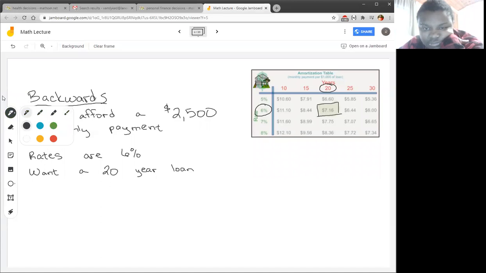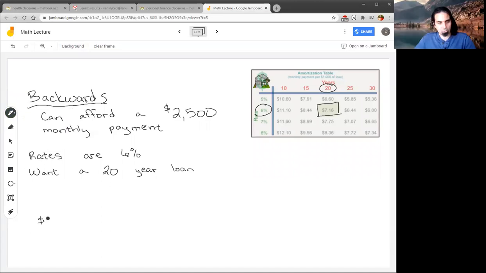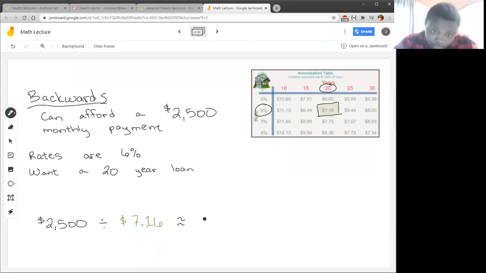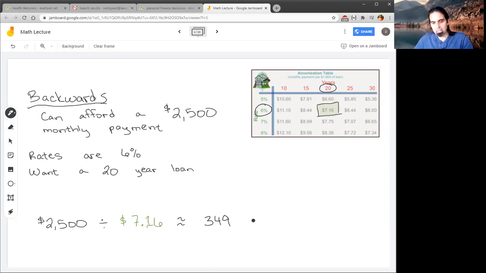Yes. So we take our 2,500, we divide it by that $7.16 from the table. And whatever that is, I get about 349. Yeah, that's what I got too. And that 349 is how many thousands of loans you qualified for.